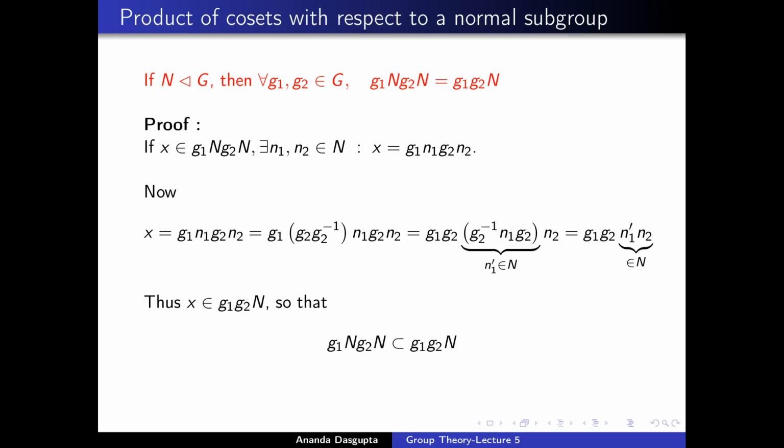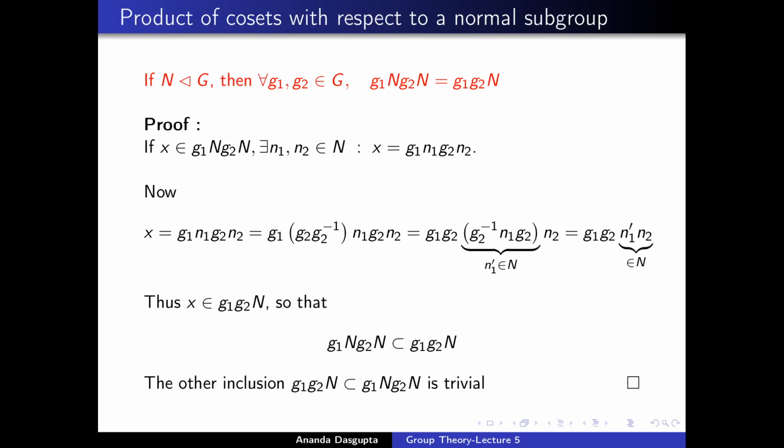Now the other inclusion, that is G1, G2n is included in G1n, G2n, is rather trivial, so I will just leave you to worry about how to prove that. But because the inclusion is both ways, we get the result that G1n times G2n is G1, G2n.